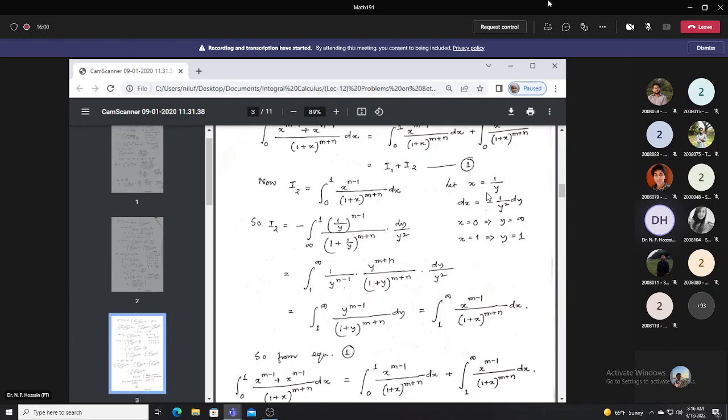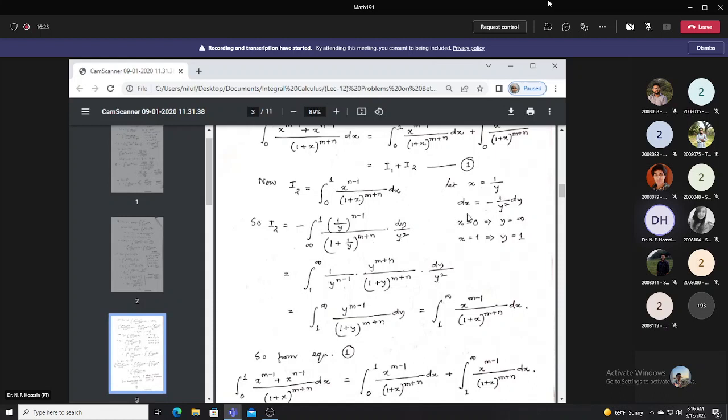Adjust the limits. When x equals 0, y must be infinity. When x equals 1, y should be 1. So your limit will be now infinity up to 1. And here x means 1 over y. So 1 over y whole to the power n minus 1 divided by 1 plus, in place of x, 1 by y whole to the power m plus n.